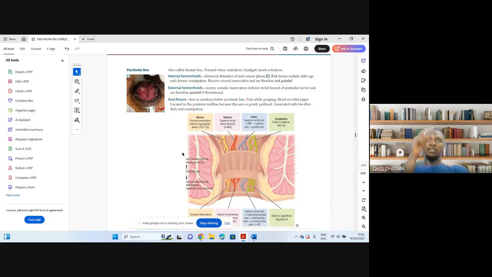That tells you that it is a very, very high pressure vessel to that area. Now, the nerve supply, because this part here is endodermal, will be a visceral innervation as against what you have.